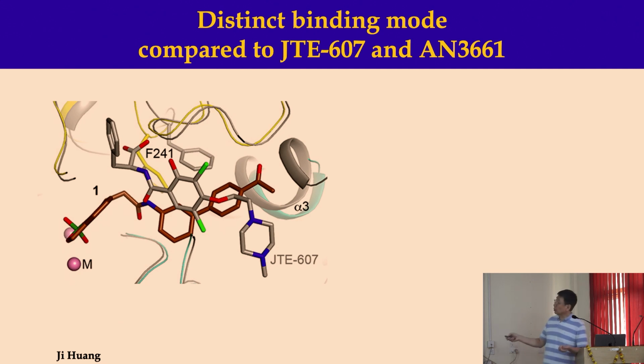Most importantly, you remember this carboxylate is essential for the activity of JTE607, but it's not used as part of the binding site for compound 1. So if you think about structure-based drug design, maybe you can add something here to grow right there to try to reach the binding site for the carboxylate. That would be helpful.